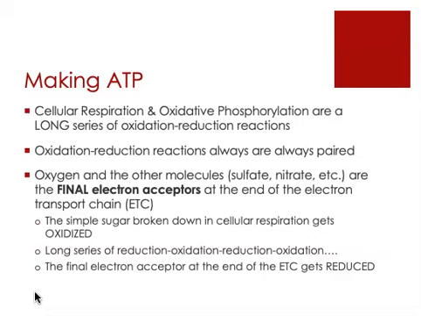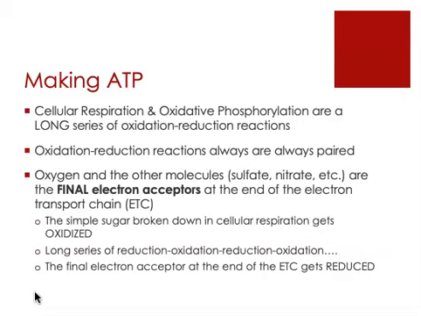As its covalent bonds get broken, the electrons are being released. That molecule is losing electrons, and we call that oxidation. So when we say that the sugar gets broken down in cellular respiration, we can also say the sugar gets oxidized. It loses electrons.